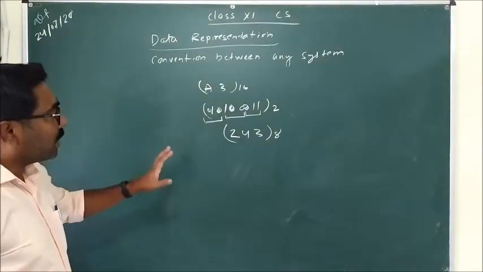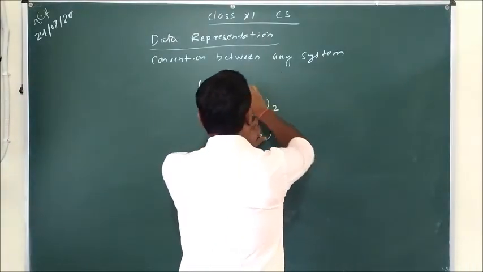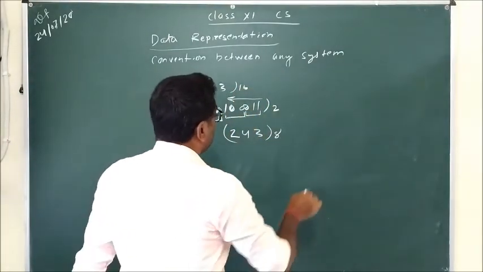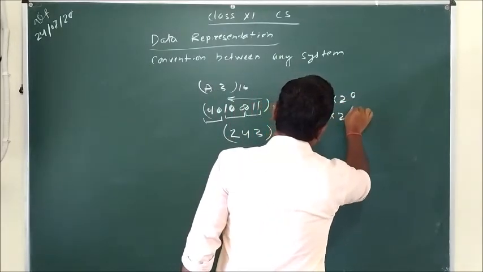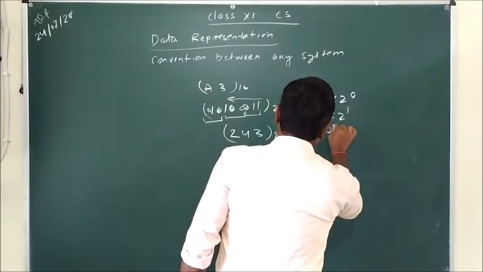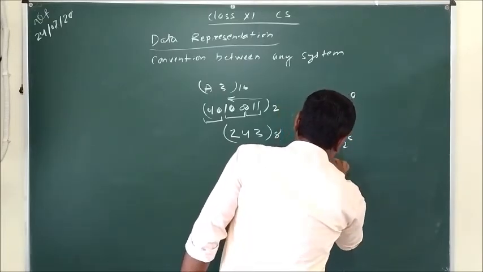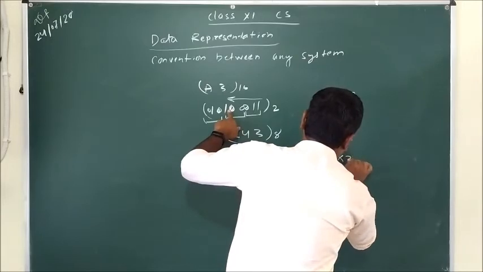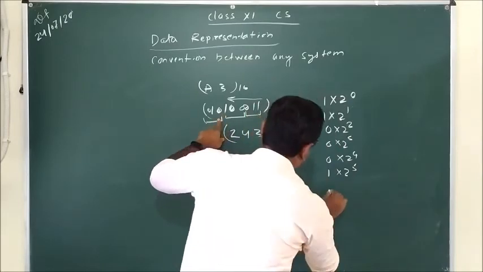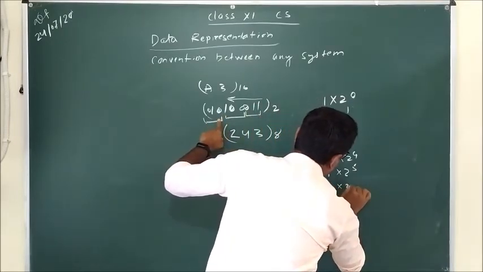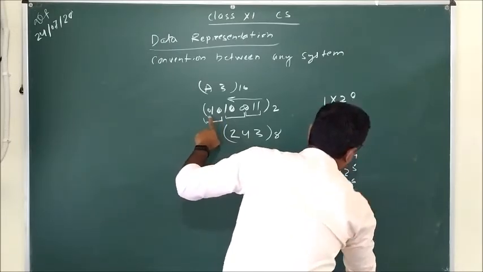And if you want to convert this number into decimal number, then what happens? The same process you have to use from right to left, that is 1 into 2 to the power 0 plus 1 into 2 to the power 1 plus 0 into 2 to the power 2 plus 0 into 2 to the power 3 plus 0 into 2 to the power 4 plus 1 into 2 to the power 5 plus 0 into 2 to the power 6 plus 1 into 2 to the power 7.